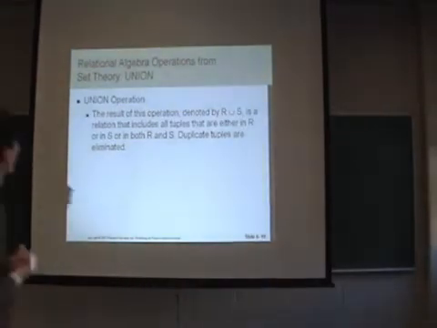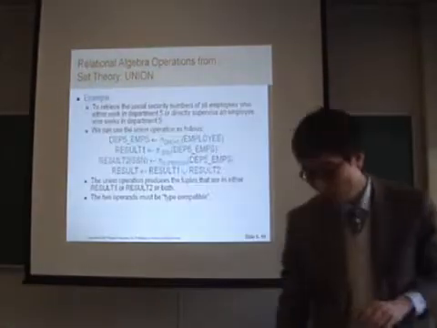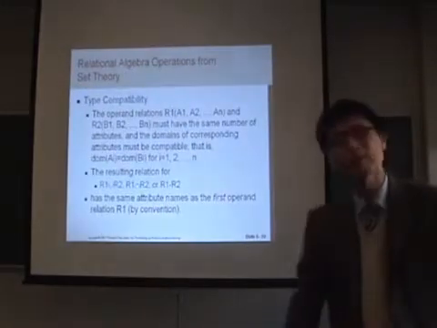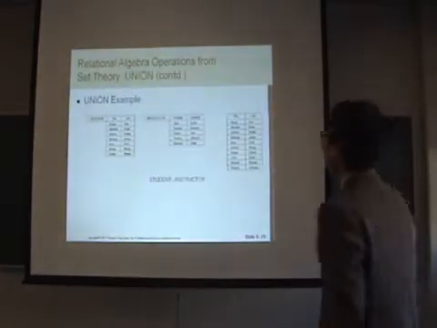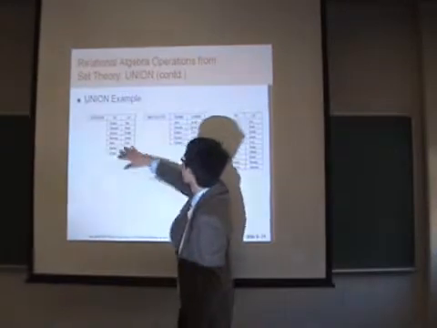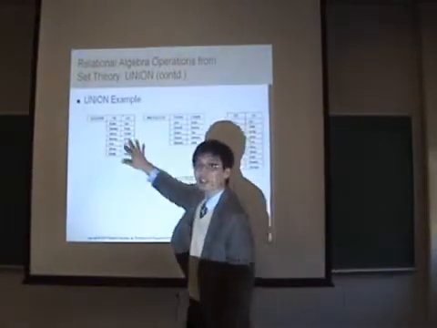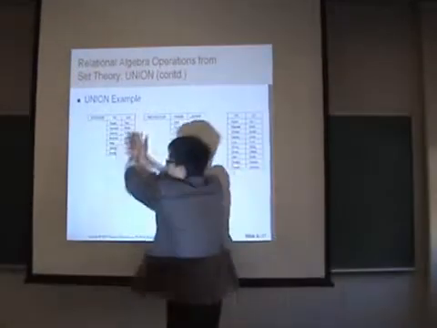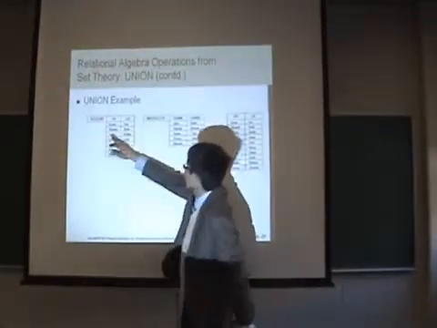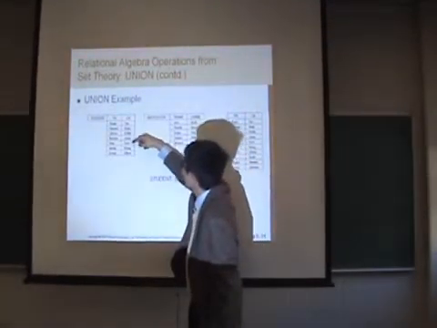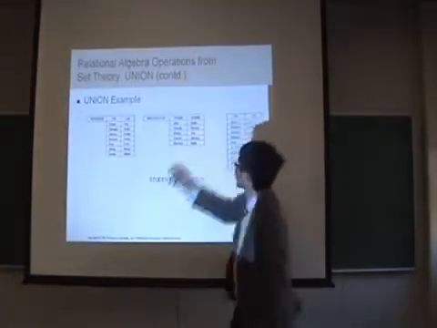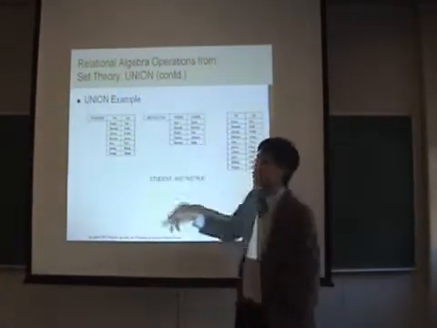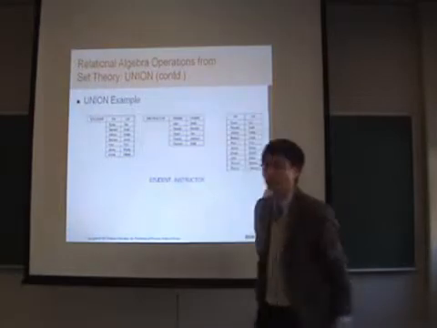First, the union operation. What does union mean? Common things here and here, and not-common things, at least belonging to one of them. So we can combine. In this case, we have 1, 2, 3, 4, 5, 6, 7 tuples, then 1, 2, 3, 4, 5. 7 plus 5, we can combine, union.